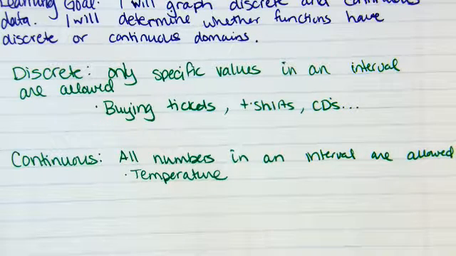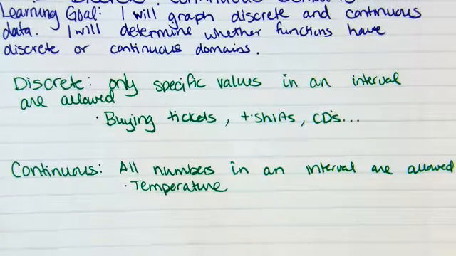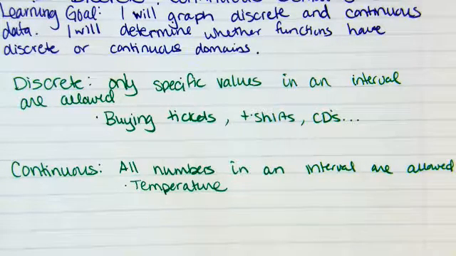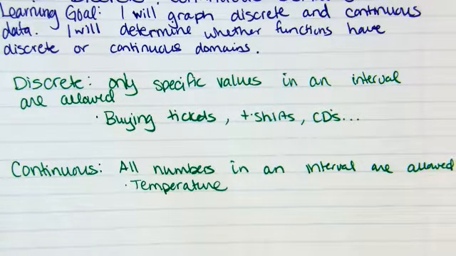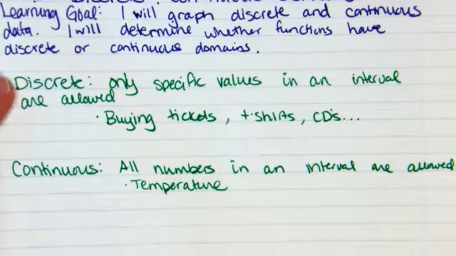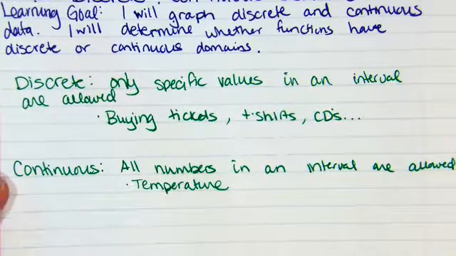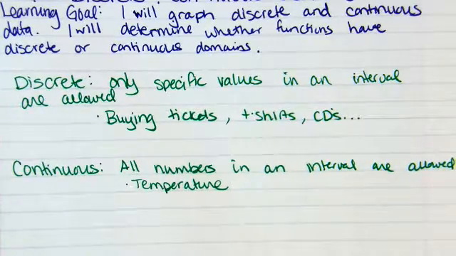Also, if you just have a totally random function without any situation behind it, then that's usually going to be continuous. Like the linear equations that we talked about are continuous because x could be anything. So that's the main idea: determining whether we're talking about discrete, when only specific values are allowed, or continuous, when any number in the interval is allowed.